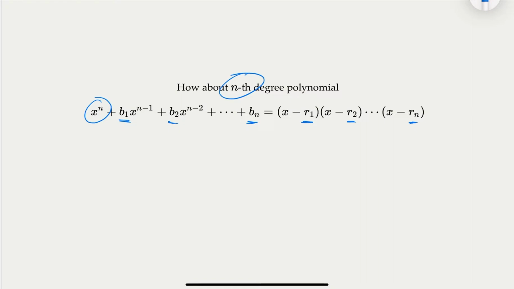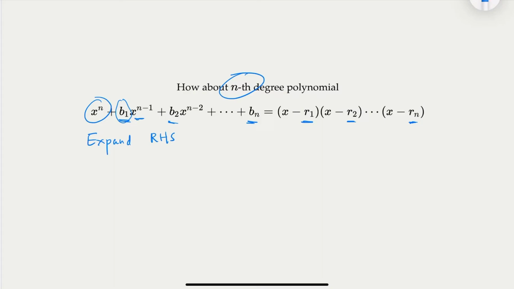And again, when you expand the right hand side, compare the coefficient here with different degrees. Let's choose, for example, the n minus 1 degree, and the coefficient is b1.